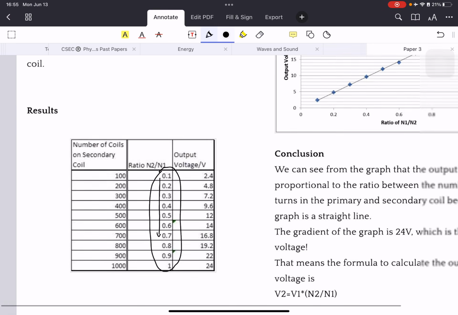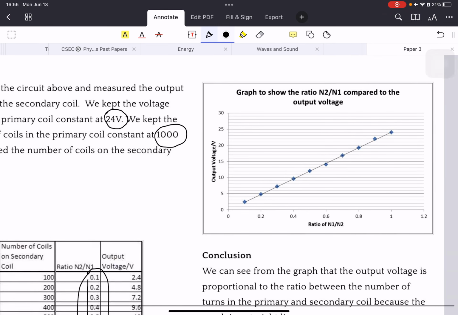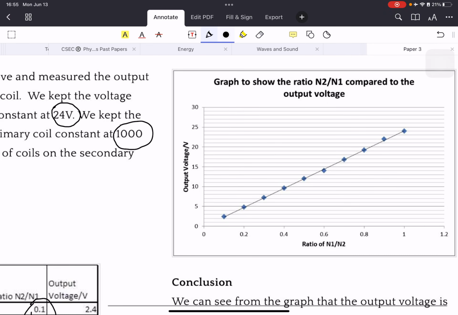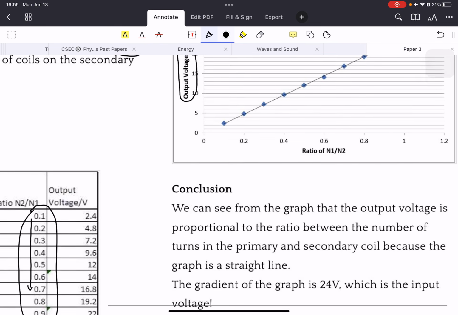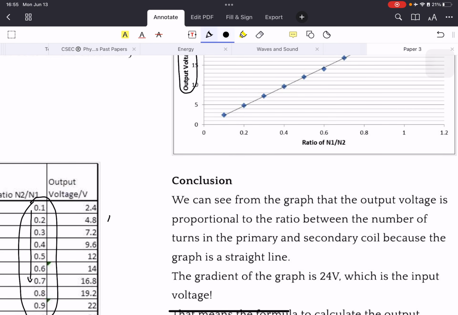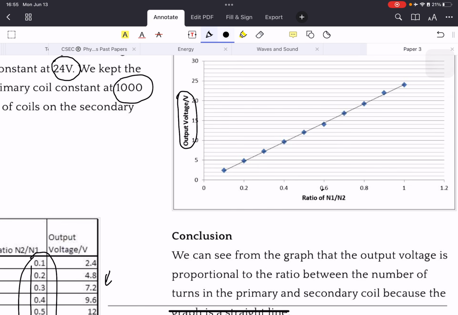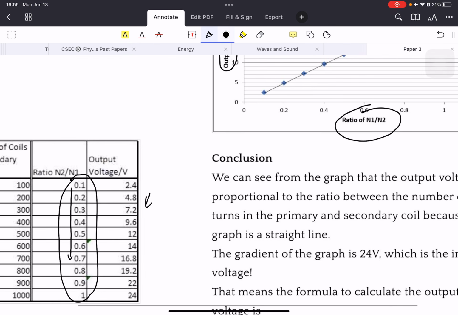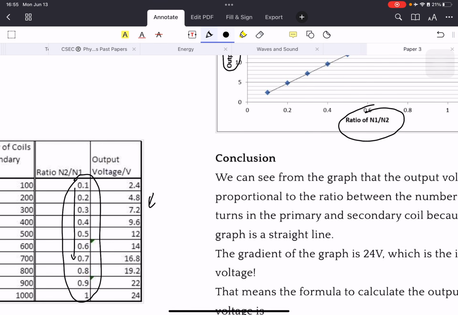Okay, so they could ask you to draw a graph of the table showing the output voltage versus your ratio. So this is the ratio over here. Forget this N1 and N2 thing that they have here. What we're using is NS to NP, your secondary turns to your primary turns.